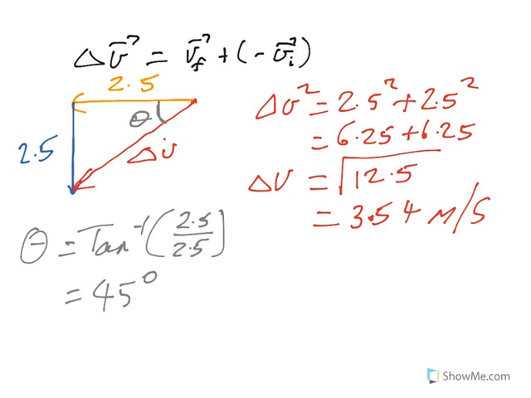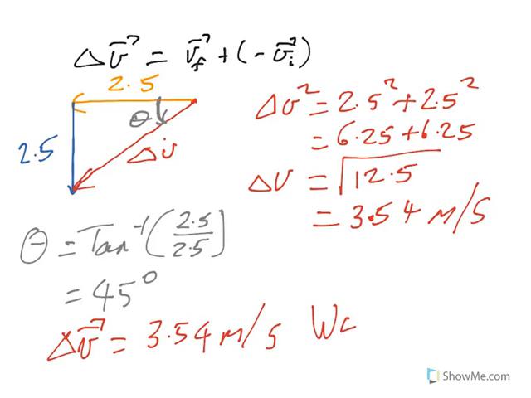So our change in velocity will be 3.54 meters per second, and that angle is west towards south, so west 45 degrees towards the south.